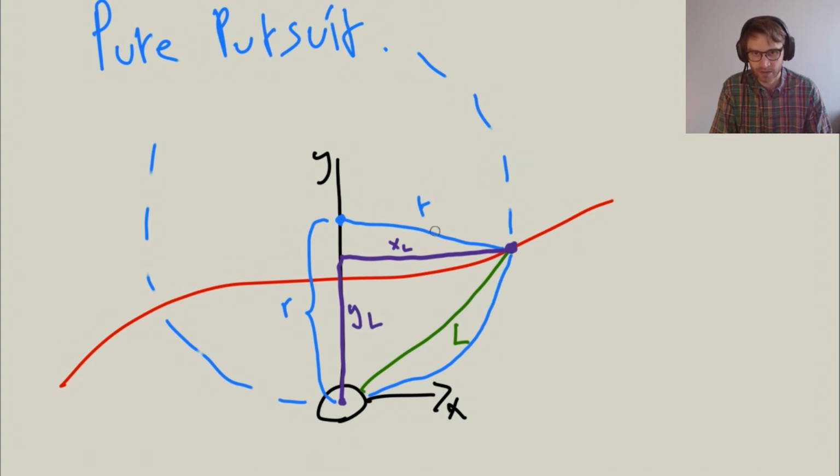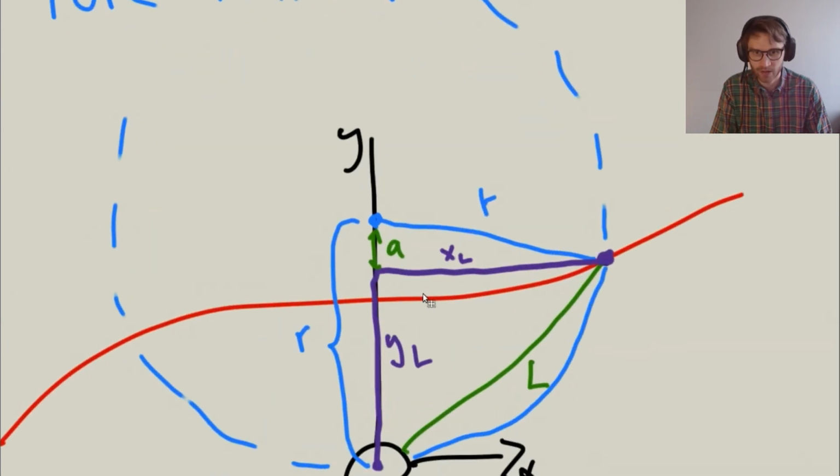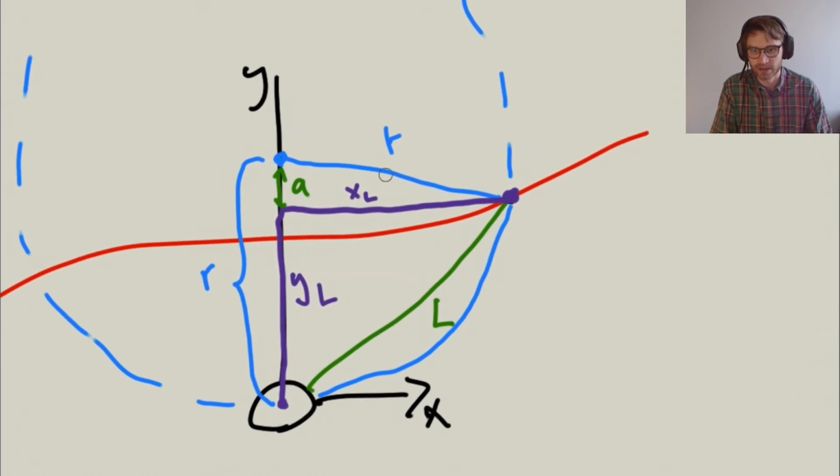And one more variable that we need is this very small distance over here, that we will mark here. This is A. And now we can write down three equations.